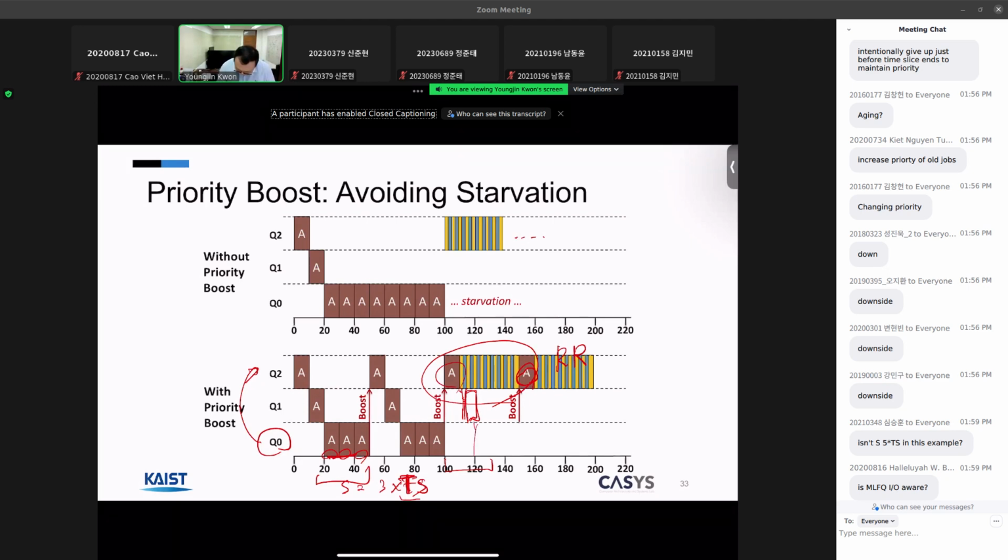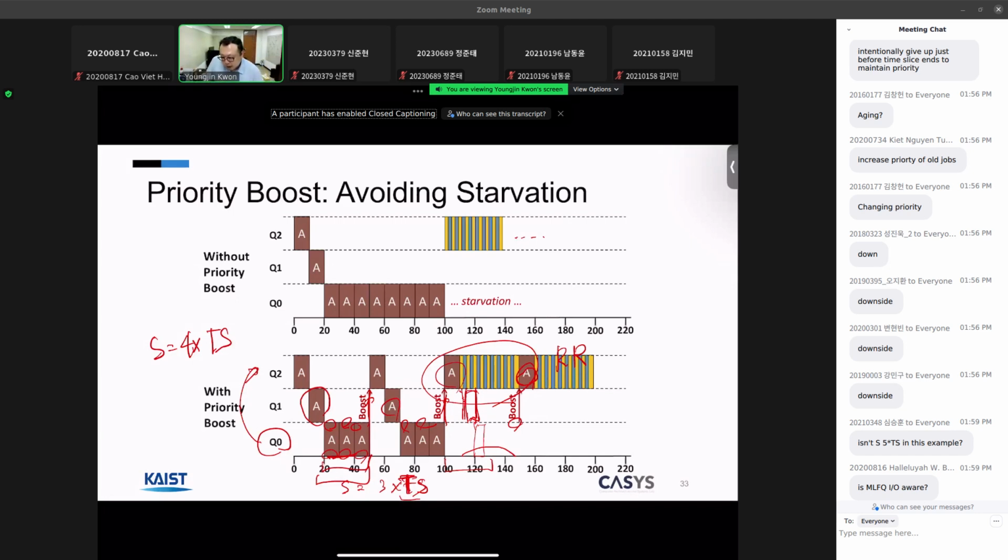A is never going to Q3. Time slice 3, and A is never executed. Okay, you're right. I think in this case the period S is 4 multiplied by TS, because here 1, 2, 3, 4, boosted. Likewise, after 4 time slices, boosted. Sorry for confusing, that's the more correct way to put it.